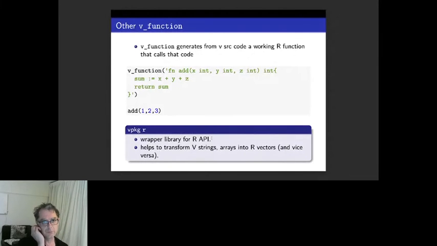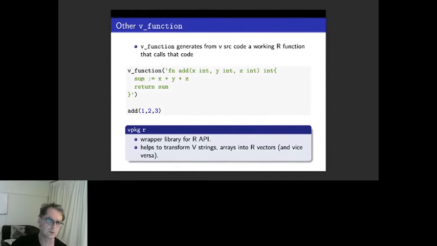The other one is v_function, and this is quite similar to cpp_function, and if I remember correctly, the rust_fn function. So you can use V code. This is a very simple function right now. It says function add x, y, z, and the result should be an int. This is a declaration, so sum is also an int, and it's immutable.